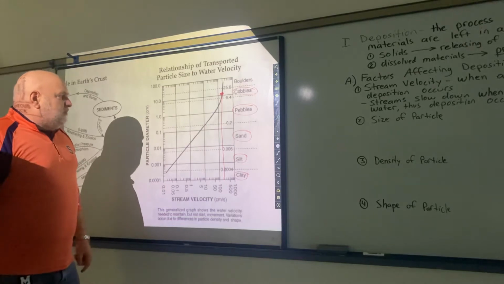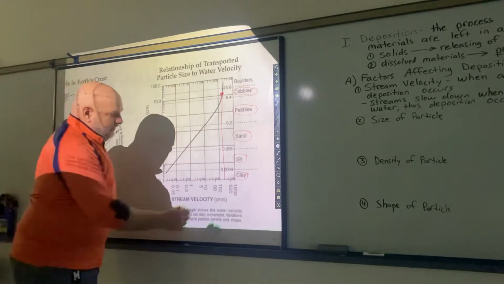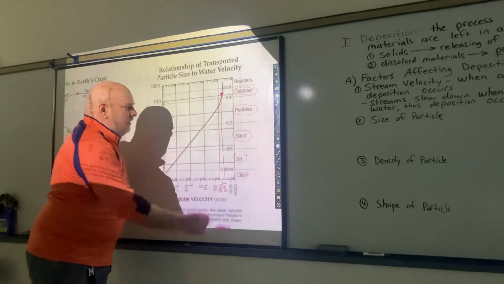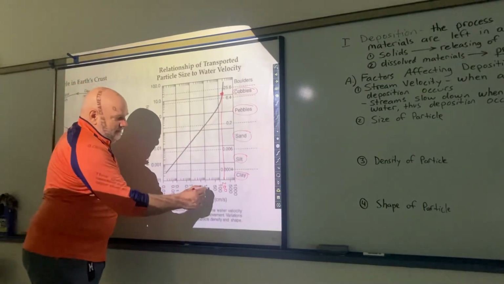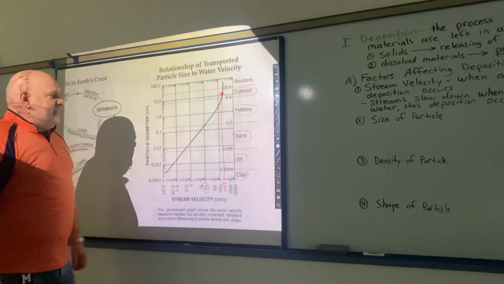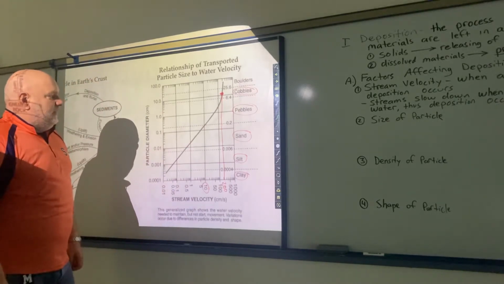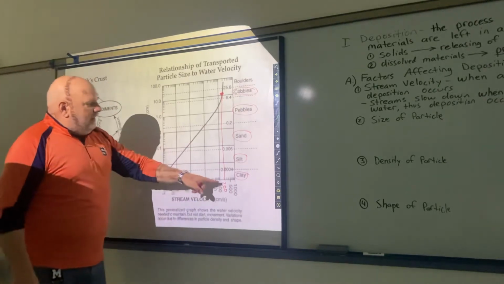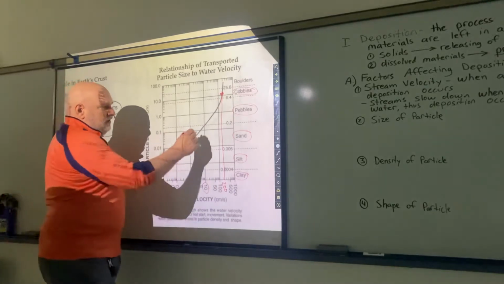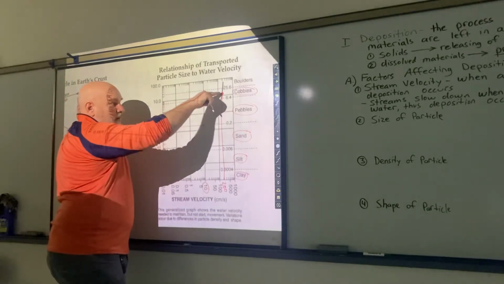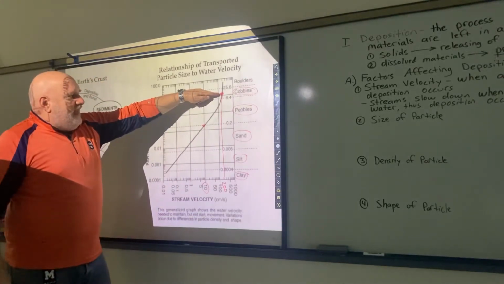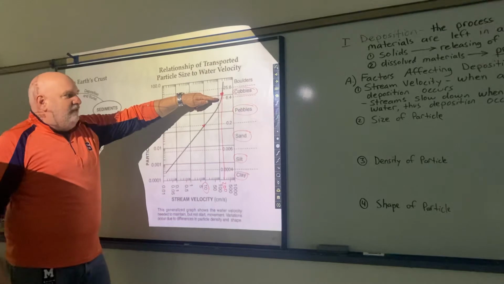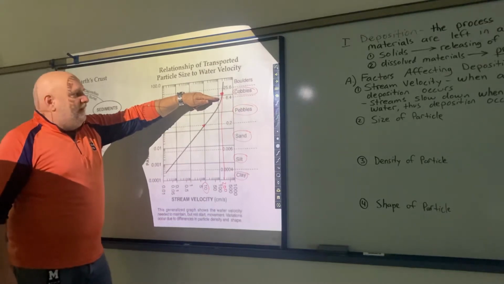So let's say the stream slowed down from the 200 right there, and let's say it slowed down to 10, all right? Now, as the water's slowing down, basically you're going from that part of the chart to this part of the chart. As it's slowing down, the cobbles are the biggest particles, so they're gonna get deposited first.